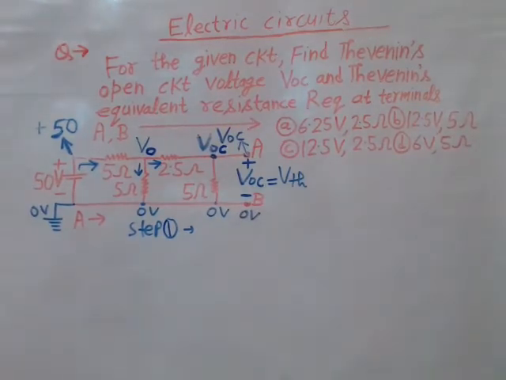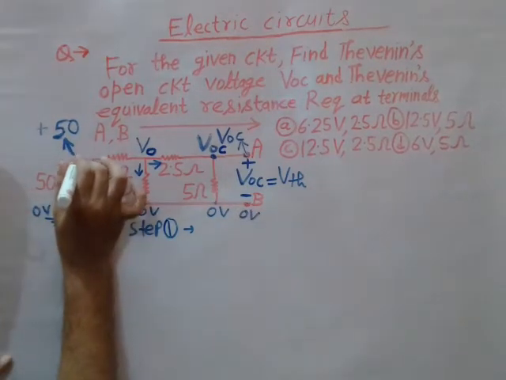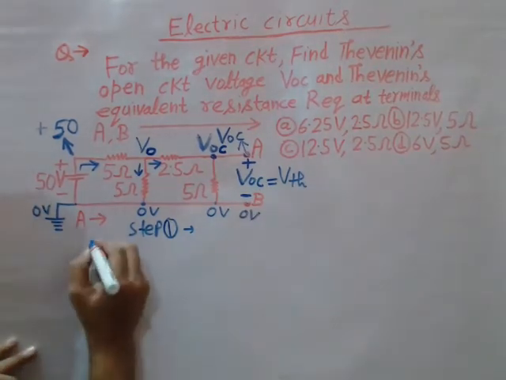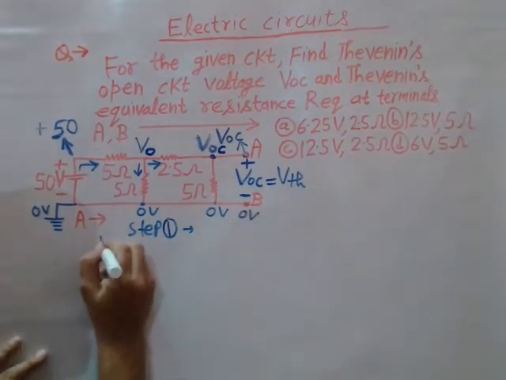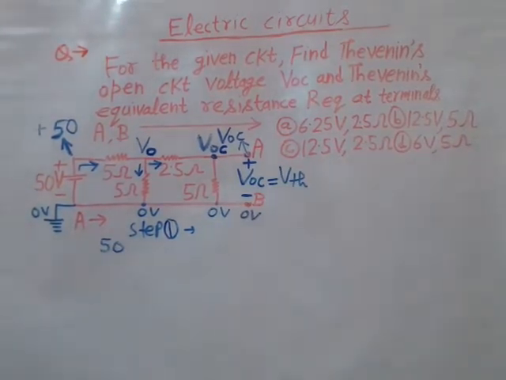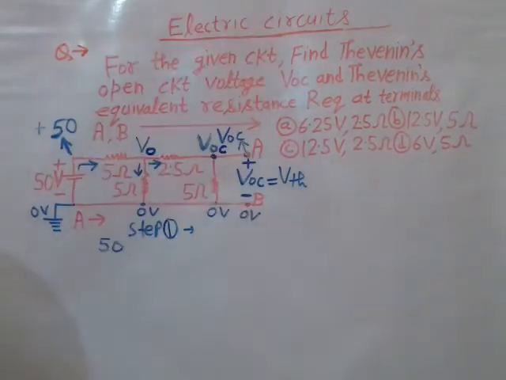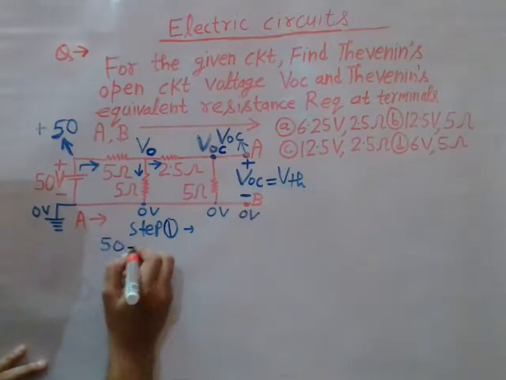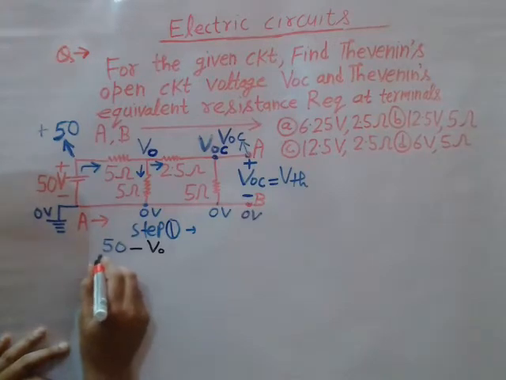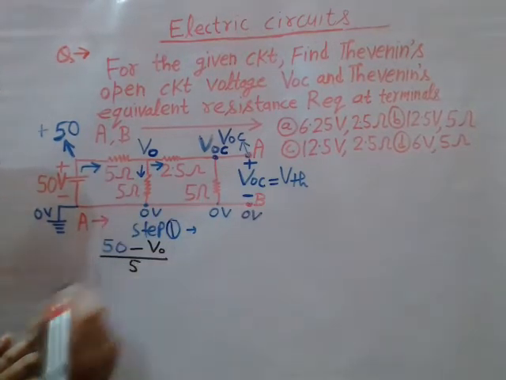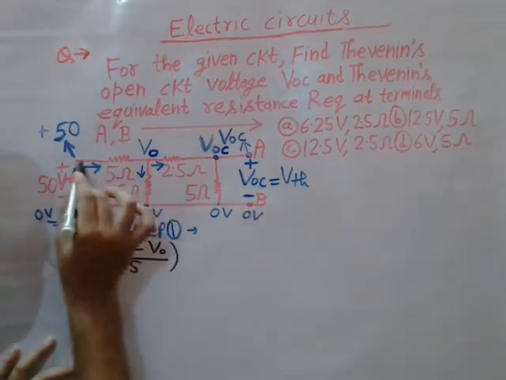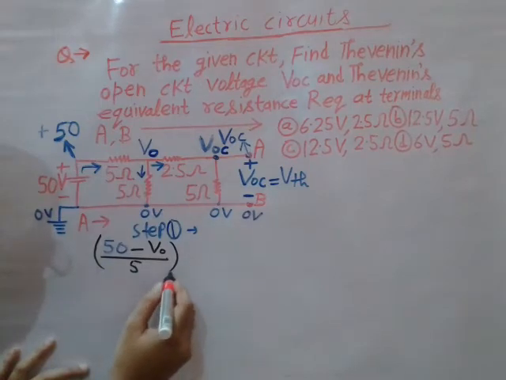So you write 50 minus V naught, and this whole is divided by 5 ohm. This is the value of the current flowing in this 5 ohm resistance. This is nothing but simply Ohm's law.